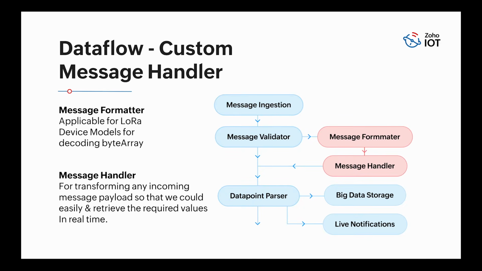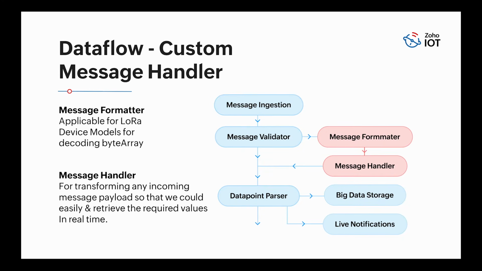In a few scenarios, you can expect that the data being ingested will have a message that needs transformation to make it understandable, or easily parsable. For that, we have a couple of mechanisms. One is the message formatter, which is applicable for LoRa devices.